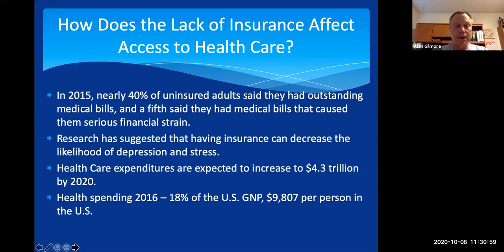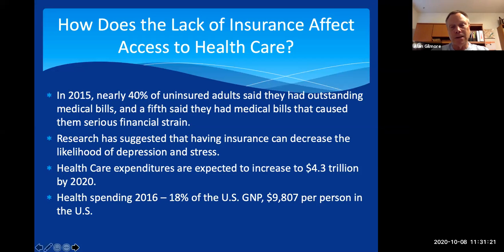Research has suggested that having insurance can decrease the likelihood of depression and stress. People often worry about their health, their children's health, their spouse's health, and that may result in depression or stress.